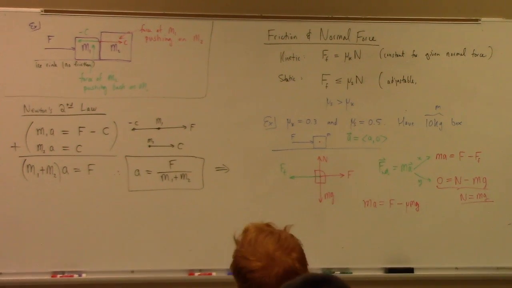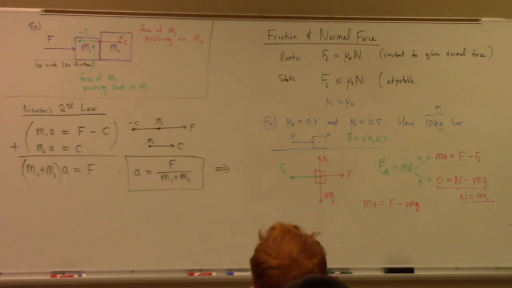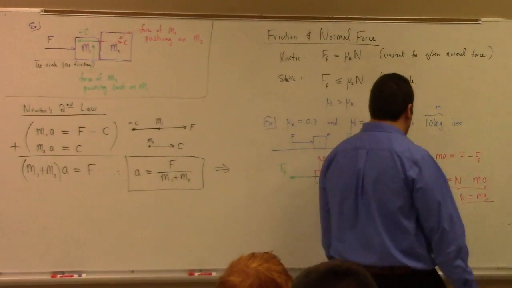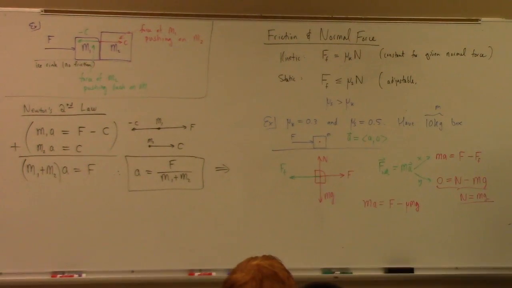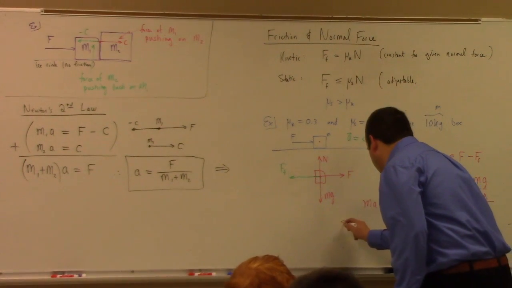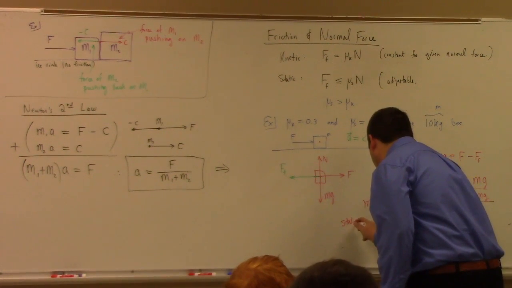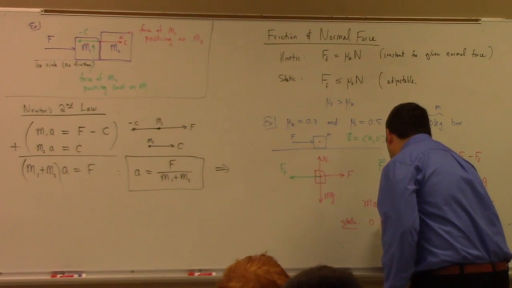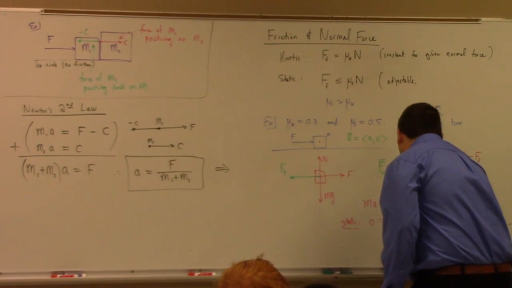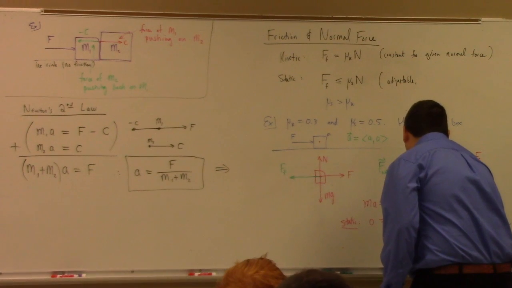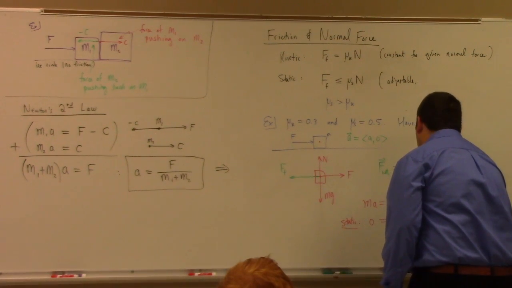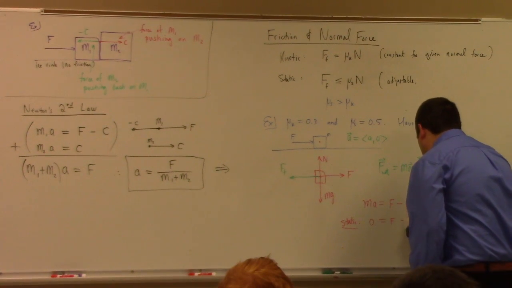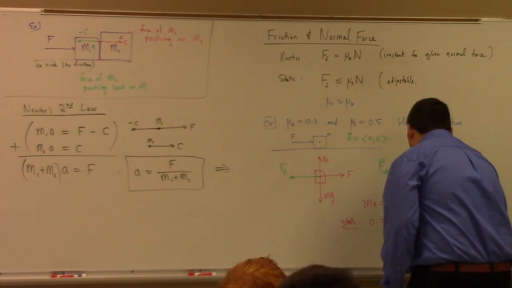So this will stay motionless up to what? So in the static case, what do we have? We have 0, right, is equal to the force minus mu times mg.